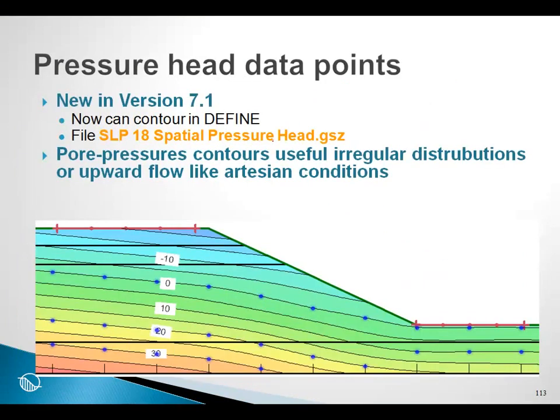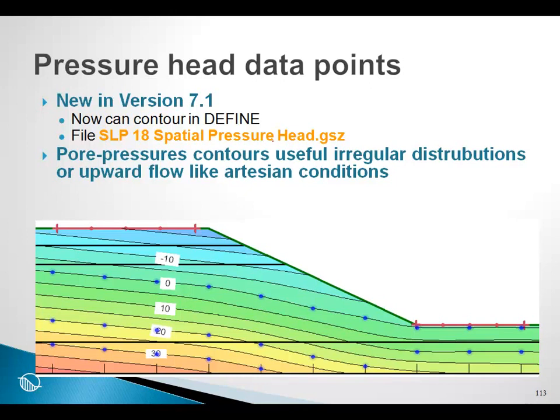As I mentioned in the introduction to this pore water pressure session, when we have irregular pore pressure distributions, such as might arise from artesian conditions, or sometimes if data is in the form of pore pressure contours, we can use data points to describe the pore pressure conditions.